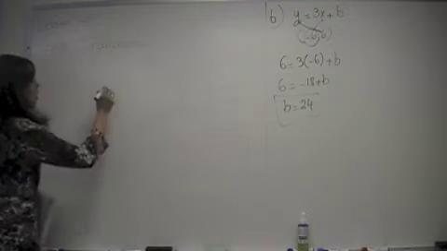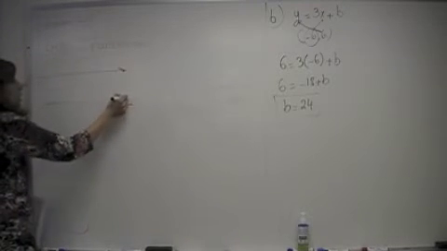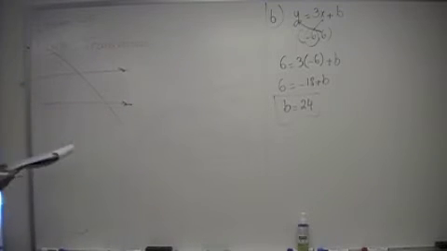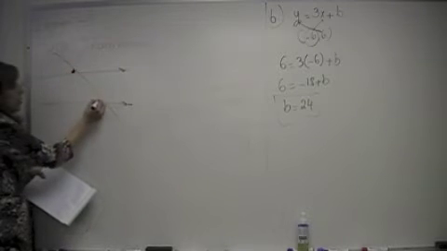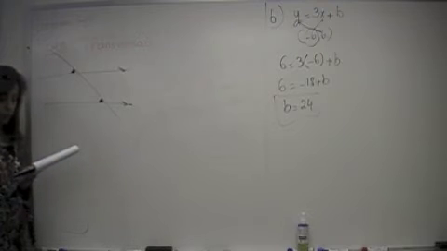I have two lines that are parallel to each other, and they're being cut by a transversal. This angle and this angle are going to be congruent to each other.